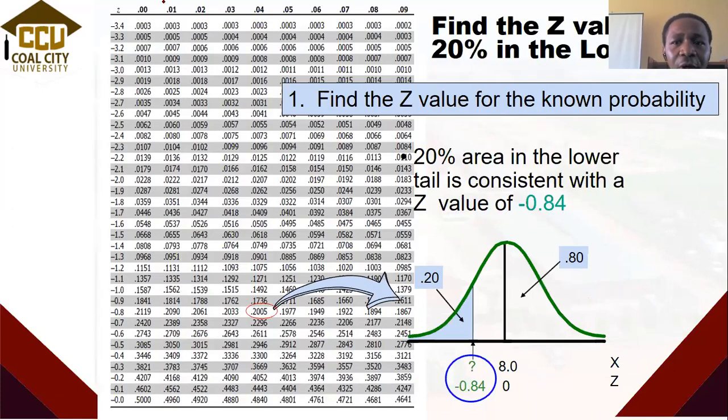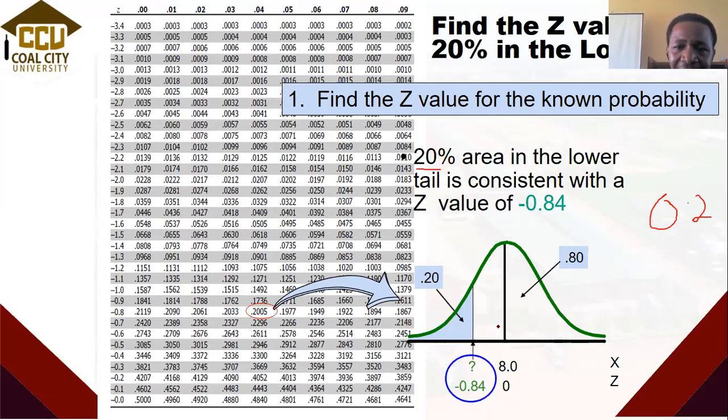Now taking your standard normal distribution table, what you simply have to do is look for a value that is close to that 0.2. Remember how we got it? You're dealing with 20% divided by 100, that gives you 0.2. So you map it out.